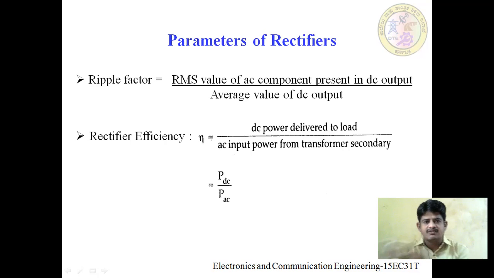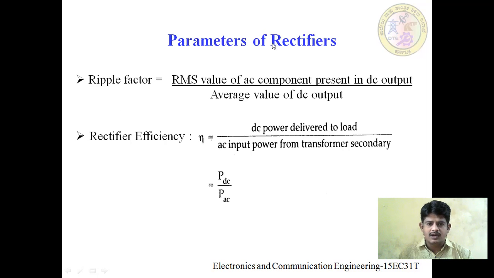DC transfers a certain charge. To transfer the same charge, what amount of AC is required? That AC value is taken as the average value. We already discussed this in our first semester BCCC subject, so you can go back to that topic and revise. So in this, ripple factor is the RMS value of the AC component present in a DC output.